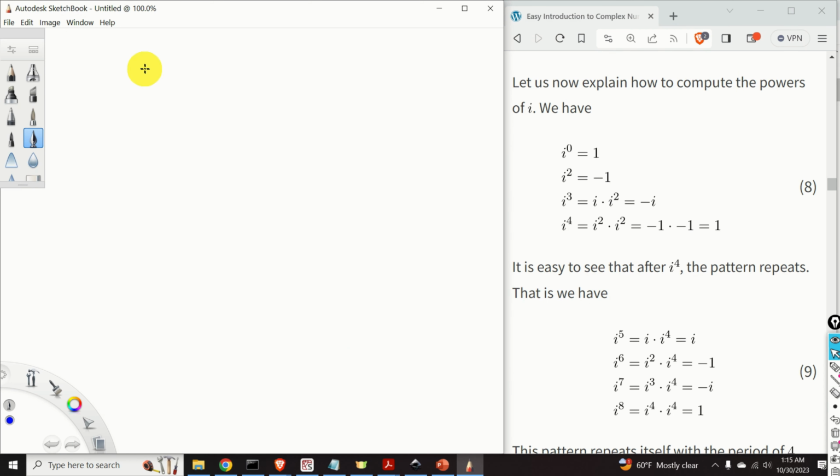Next, let's explain how to compute powers of the imaginary unit. We have i to the power 0 is obviously equal to 1. Then we have, by definition, i squared is equal to -1. Then i to the power 3 is i multiplying i squared, and we know that i squared is -1, so we have -i.